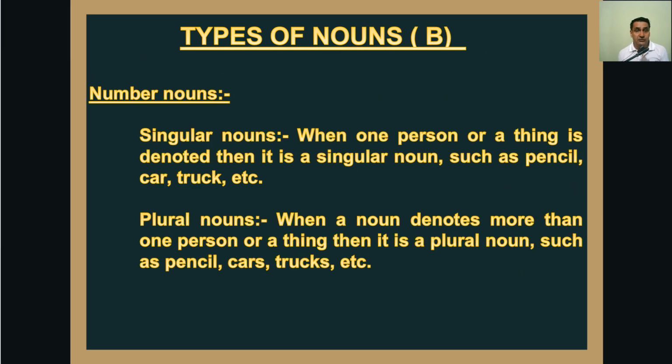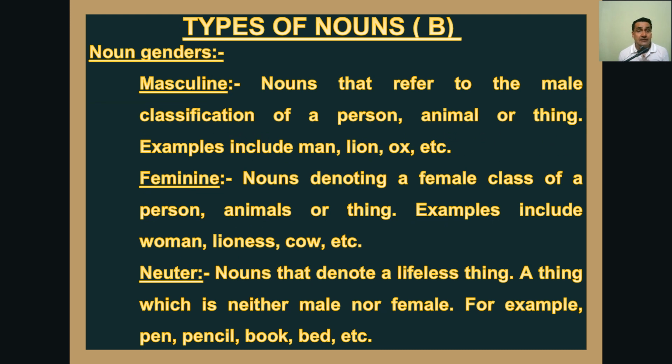Then there is further classification of nouns, and this will be on the basis of numbers. Singular nouns. When one person or a thing is denoted, then it is a singular noun, such as pencil, car, truck, etc. Plural nouns. When a noun denotes more than one person or a thing, then it is a plural noun, such as pencils, cars, trucks. The further classification would be on the basis of gender.